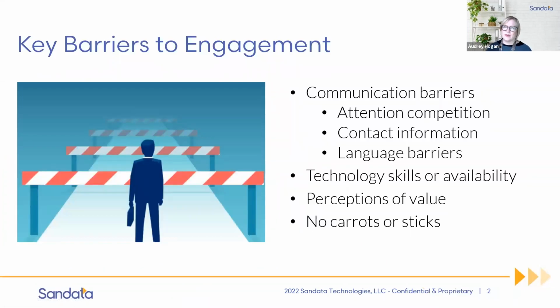So first, let's talk a little bit about the key barriers to engagement. One of the key barriers that we have in engaging participants in our technology and in programs in general are communication barriers. Right now, we're all fully aware that attention competition is one of the biggest things we face.